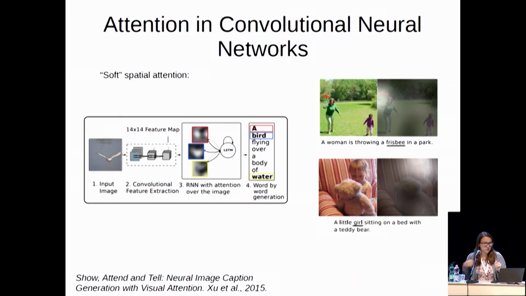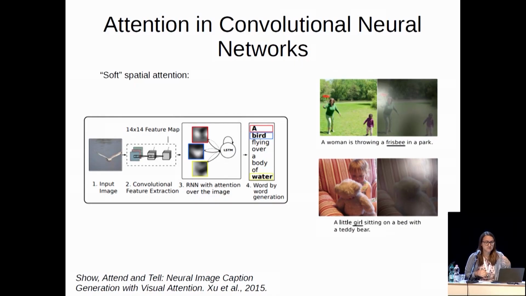Another example, which we saw earlier, is similar, but it's not a case where you get finer and finer resolution or zooming in. It's more just what part of the image does the network want to enhance the representation of. In this example, again, there's a first pass where the image is inputted, and because the goal of this particular network is to output a caption, at each word that it outputs, it might want to take in a different part of the image.